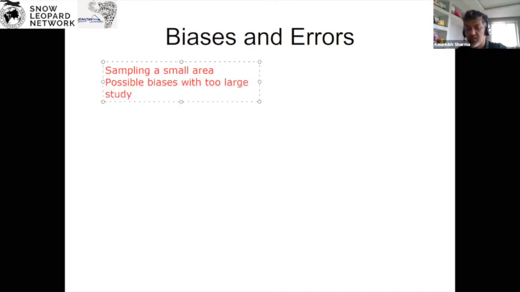So, to be honest, if you have a very large study area, you won't be biasing your sampling. If you have enough cameras, let's say you have 500 cameras, you can go out and sample 5,000, 6,000, 10,000, 15,000 square kilometer area. That's fine.